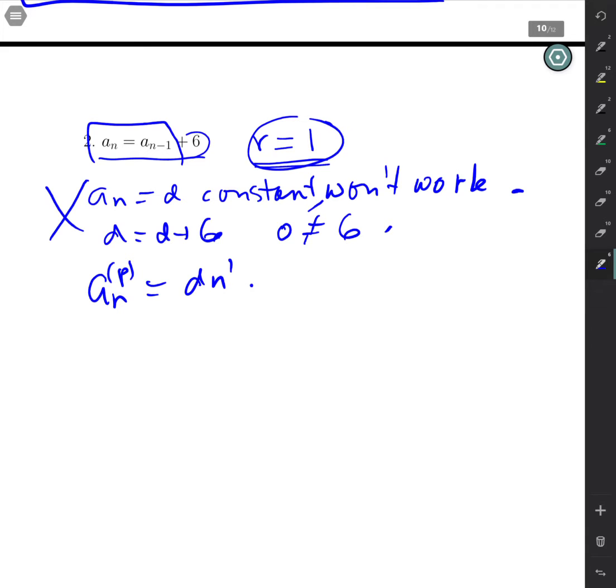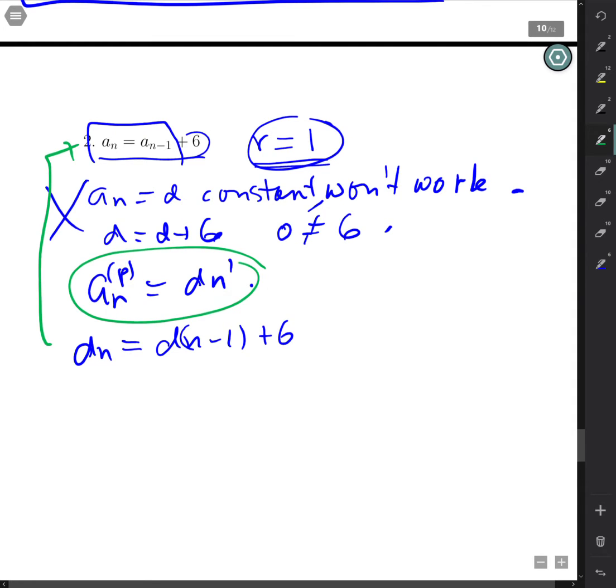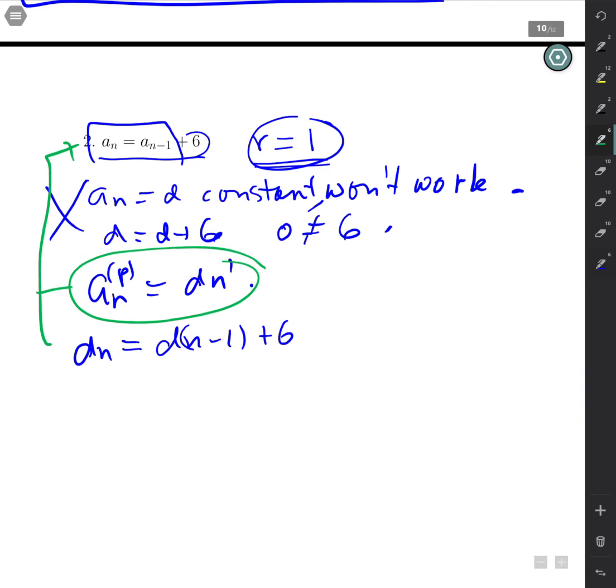So if you put that in, you get dn is equal to d(n minus 1) plus 6. I'm putting that into the original equation now and solving for d, and that simplifies real quickly.